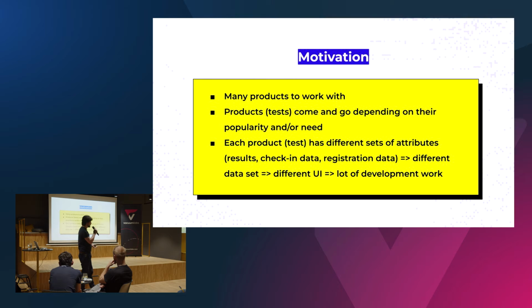Another example is STDs, where the test traces 7 different illnesses in your blood, which is a totally different data structure than the COVID test.